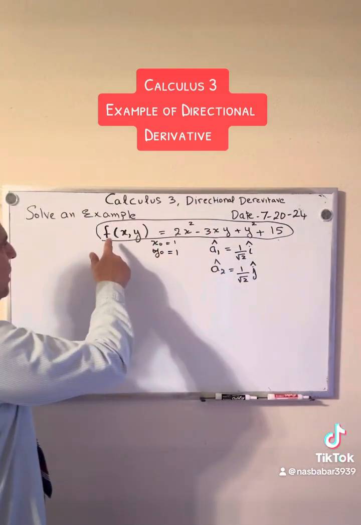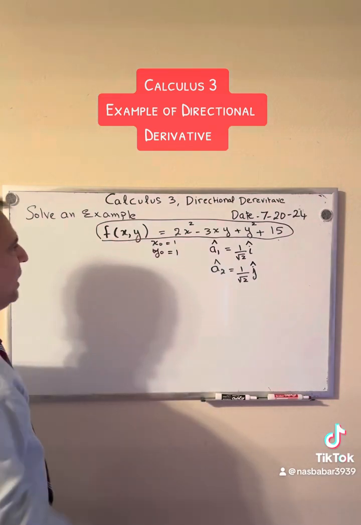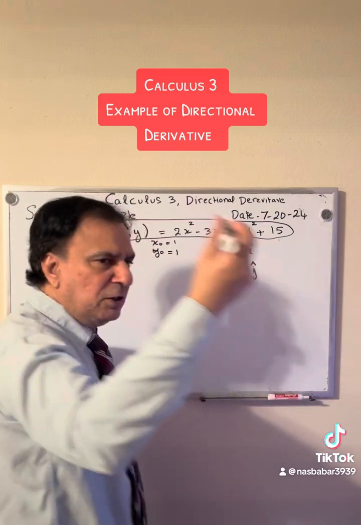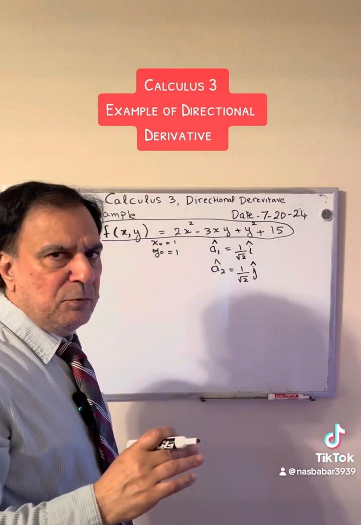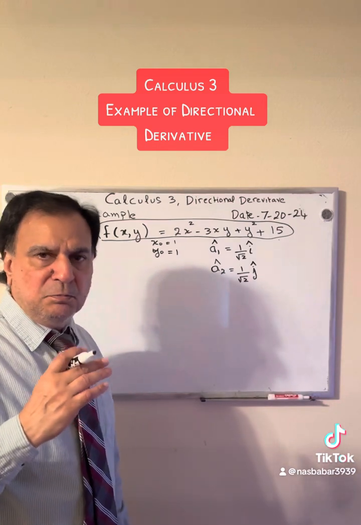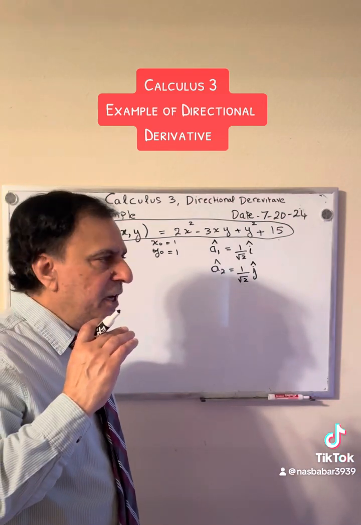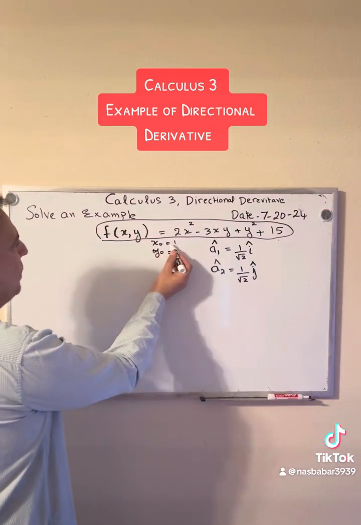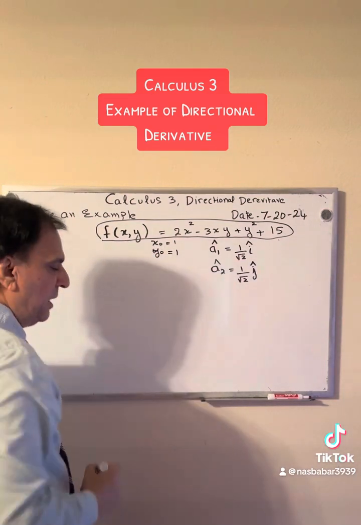So I've written this equation with respect to x and y, this long function right here, which could be any function of x and y. And we just need to find a directional derivative in a given direction. The initial point x0 is 1, y0 is 1.